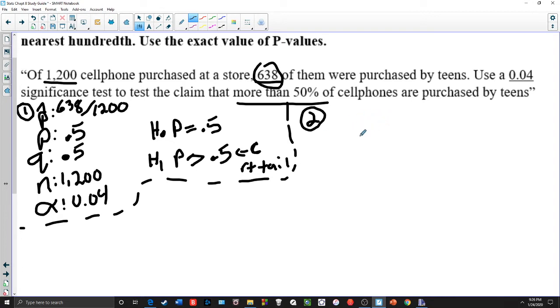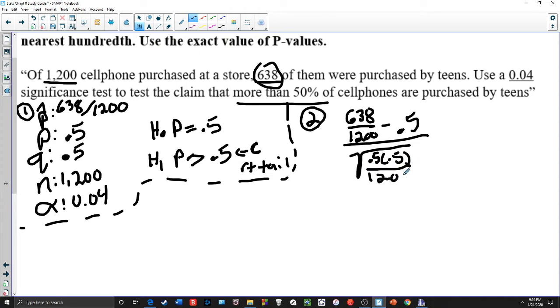So it'd be 638 over 1200 minus p, which is 0.5, over that big square root of p, q, over 1200. And if you solve this out, you end up getting 2.19 as your test stat. So this is my z-score.